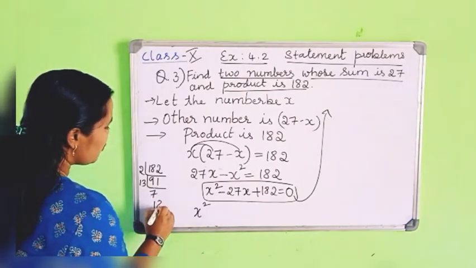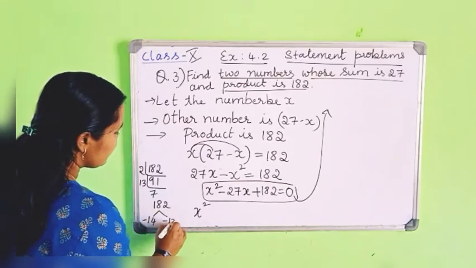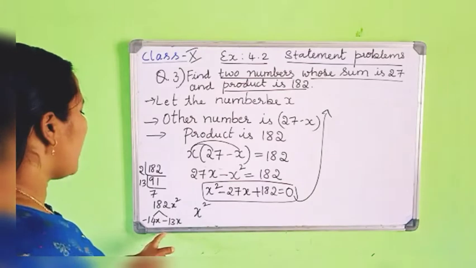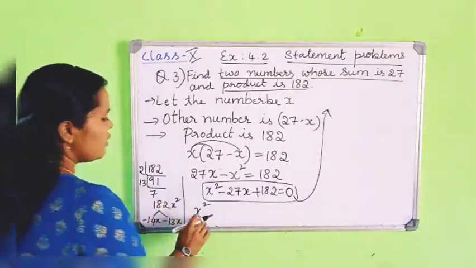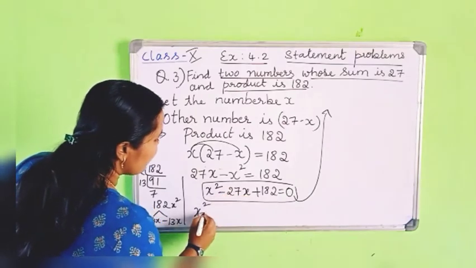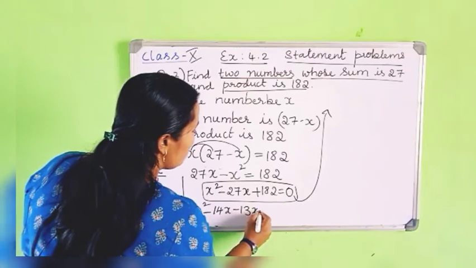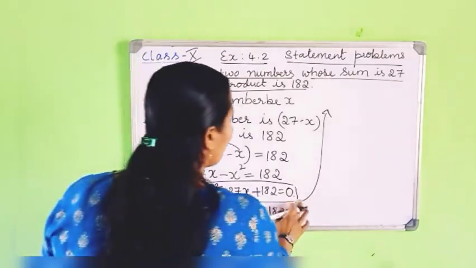Now 182 can be factorized as minus 14 and minus 13, right? Because I already explained to you how to factorize this. Understood? So by using this method, we can take this minus 27x as minus 14x minus 13x plus 182 is equal to 0.